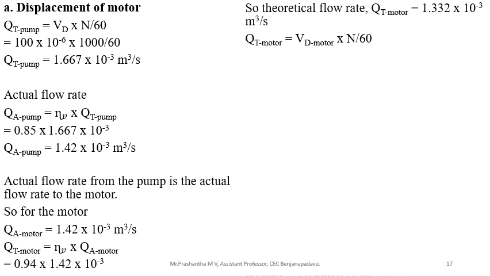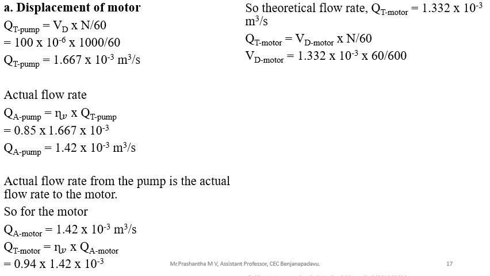And QT motor, meaning theoretical discharge for motor, equals Vd into N. This is the main thing. Vd is unknown in case of motor; the volumetric displacement for the motor is unknown. We have to find this with the help of this QT motor, and N is given as data. Substitute both values, we will get it easily. Here Vd motor is unknown.